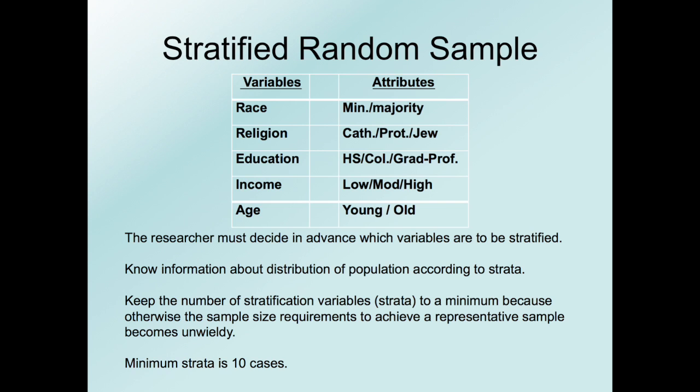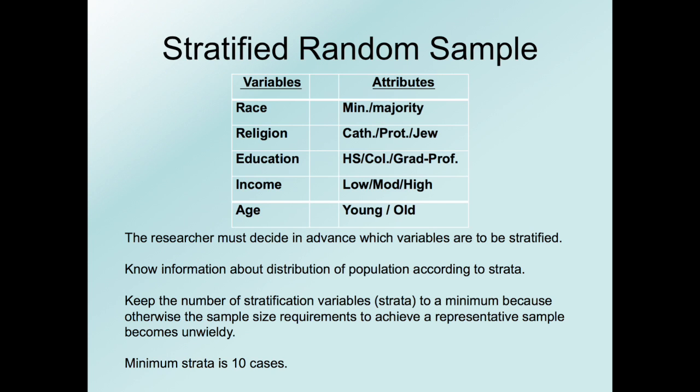Just to keep it simple for the sake of the example, we divide race into two categories. It's either a minority race or a majority race. And we have to further operationally define what exactly that means. Same thing with religion. We just have three attributes: Catholic, Protestant, and Jew. For education, we may have high school, college educated, and then graduate or professional.